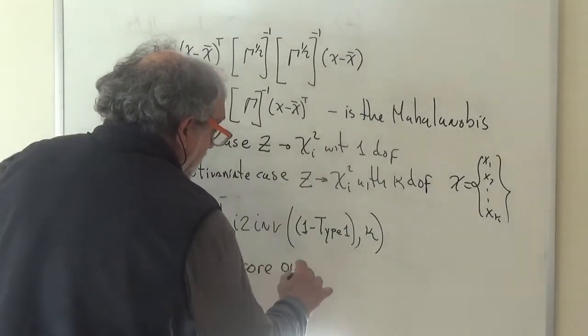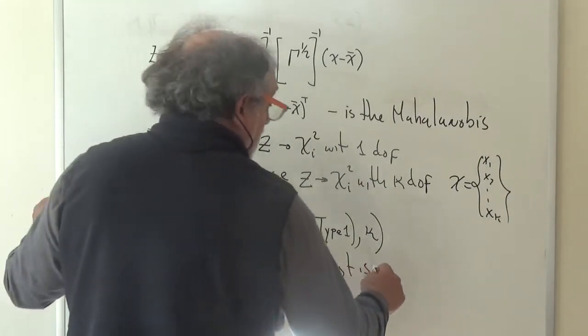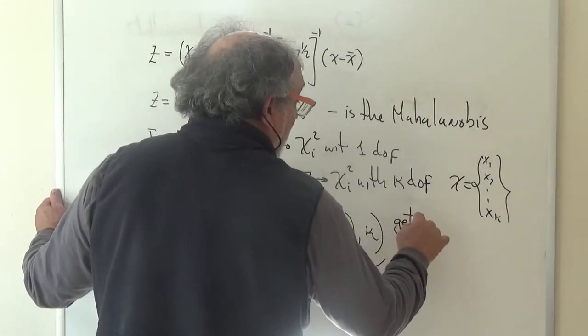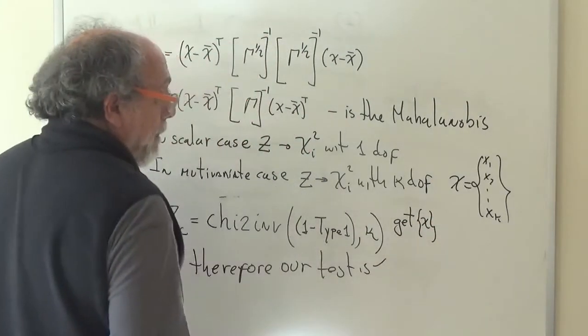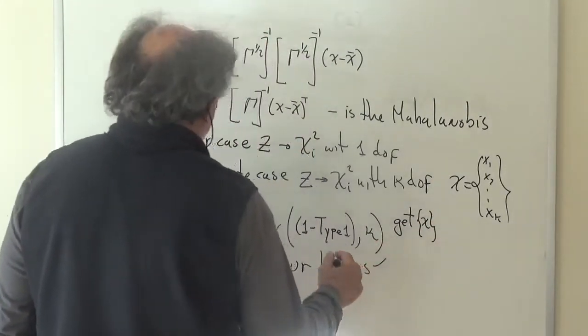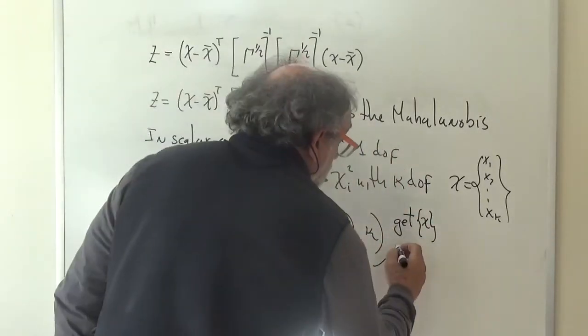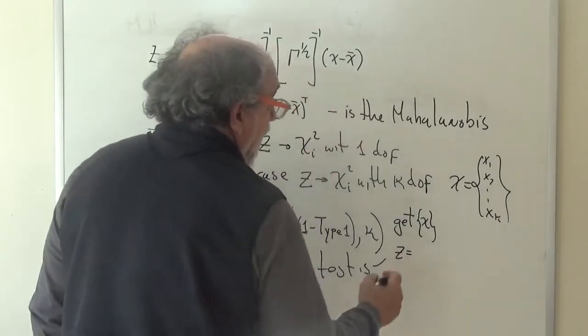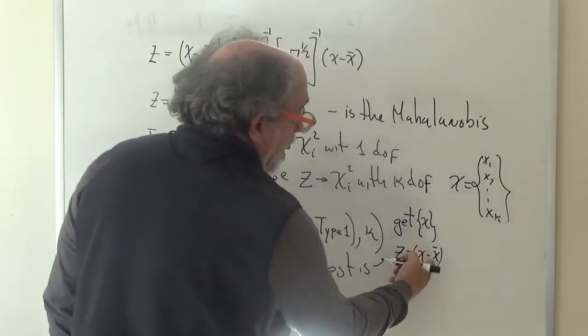our test is: get the vector, right? Compute the Mahalanobis, which is z, as x minus the mean. Where do we get this mean?